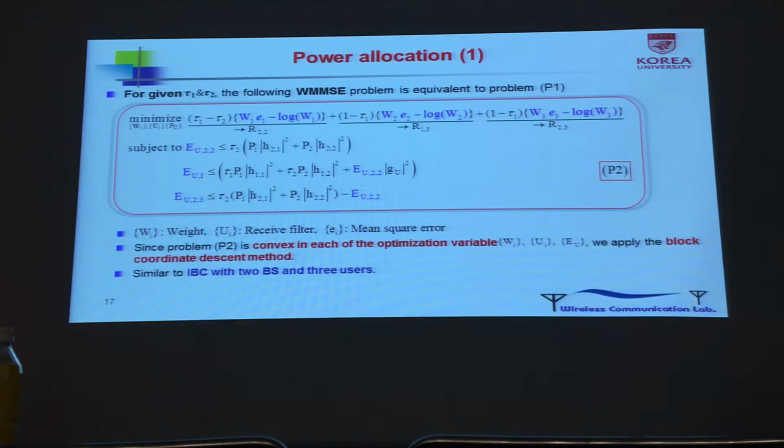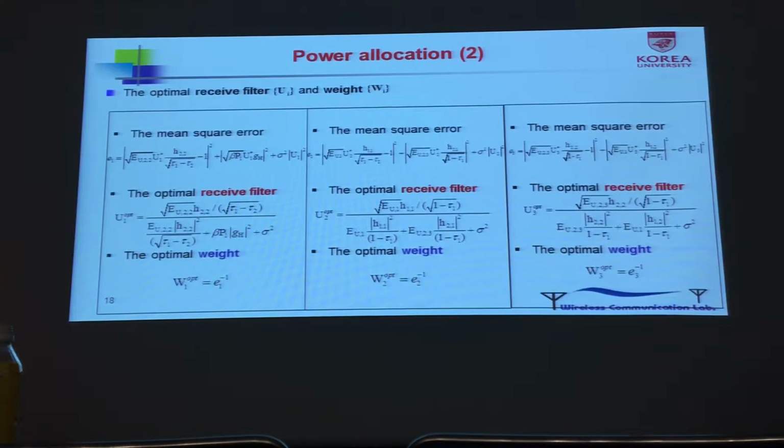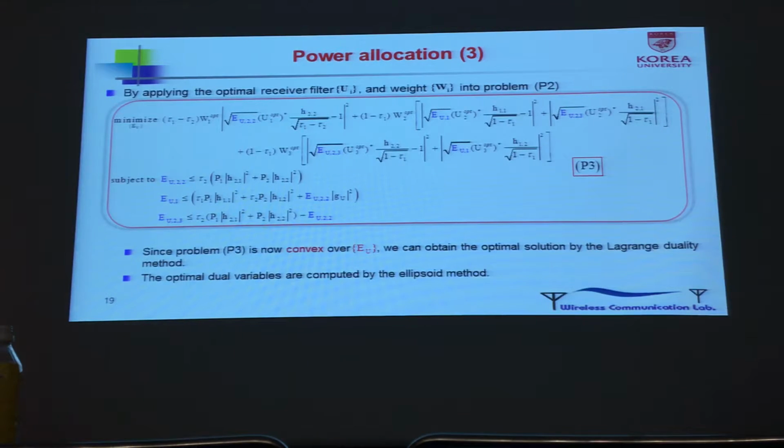So this is a little more detailed approach. Maybe a little too heavy to describe in today's talk, but I'll show you some results skipping the derivation. We can solve the original problem by converting to the weighted MMSE approach.